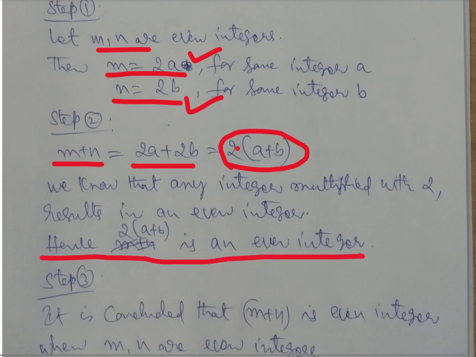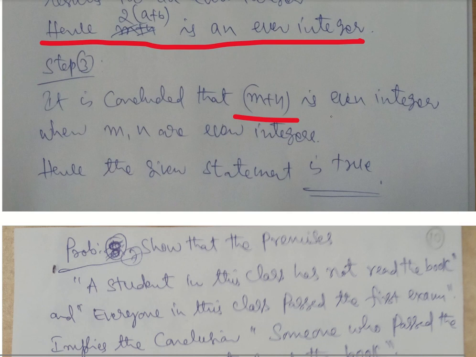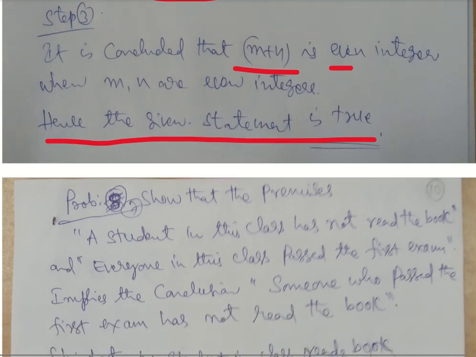So we considered m and n to be even integers, and we have proved now m plus n is also an even integer, because m plus n is nothing but 2 into a plus b, where 2 into a plus b is an even integer. Thereby we can say the given statement is true. That means when m and n are even integers, m plus n is also an even integer.